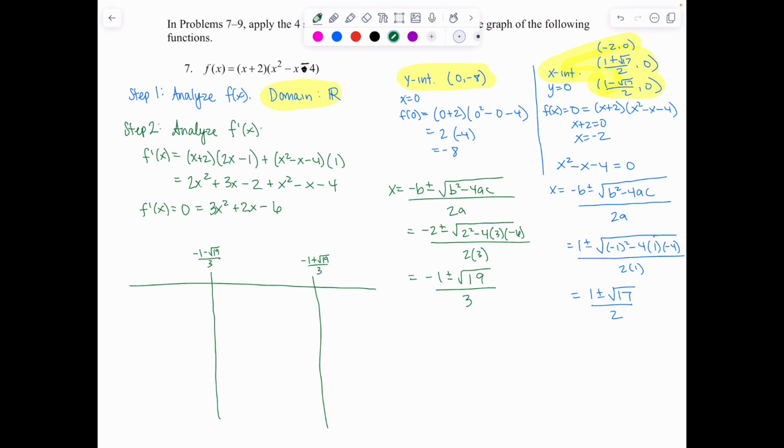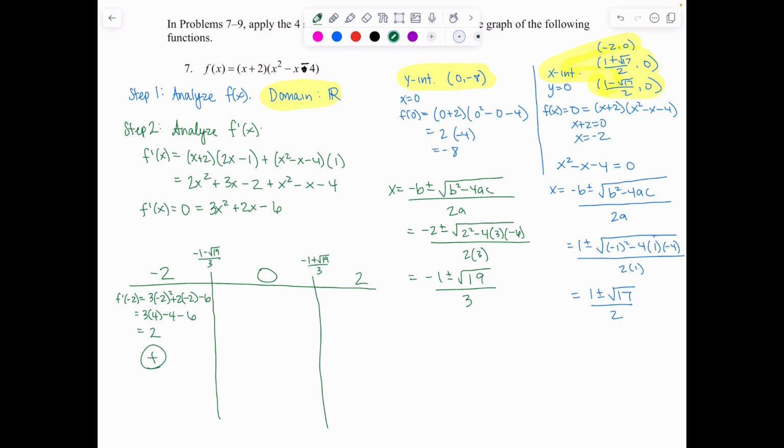And if we put that in our calculator and get the decimal form, we can choose numbers around these values. So I'll go negative 2, 0, positive 2 for mine. And we'll see what happens. F prime at negative 2 will give us 3 times negative 2 squared plus 2 times negative 2 minus 6. 3 times 4 minus 4 minus 6, 2.